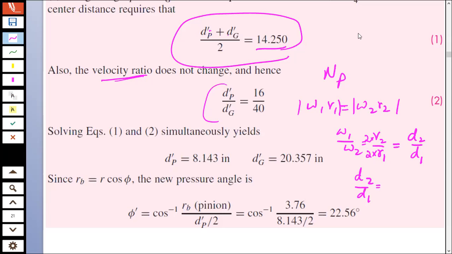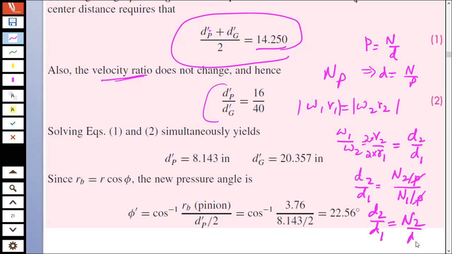Do I know that P is equal to N by D, right? So D is equal to N by P. So instead of d2 over d1, I'll write N2 over P divided by N1 over P. Since P and P are the same, d2 over d1 is equal to N2 over N1.